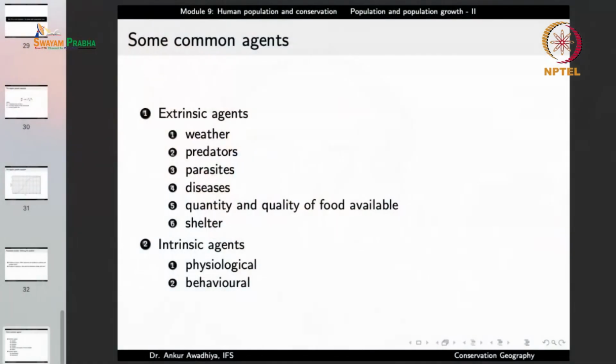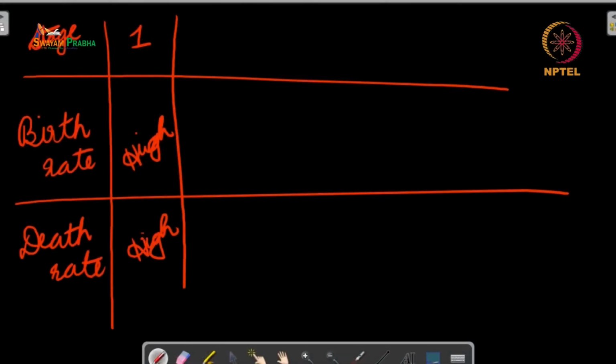Now with these changes, we start to make differences in the death rates, because now the diseases are not that prevalent, and even if children are diseased, they are getting medical attention, they are getting the medicines. And so in the second stage, we will have a situation where the death rate reduces.